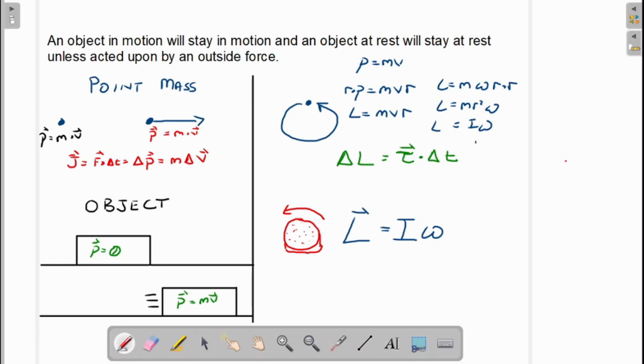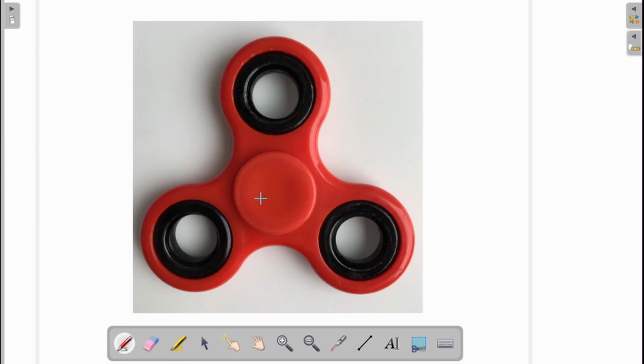Angular momentum is a vector, so it has to have a direction. What is the direction of angular momentum? Well, one of the best ways to think about this is a fidget spinner. A fidget spinner has a center of mass, it pivots around right here. And if we look at this point on the edge, r away, it has a tangential velocity v and a momentum of p.